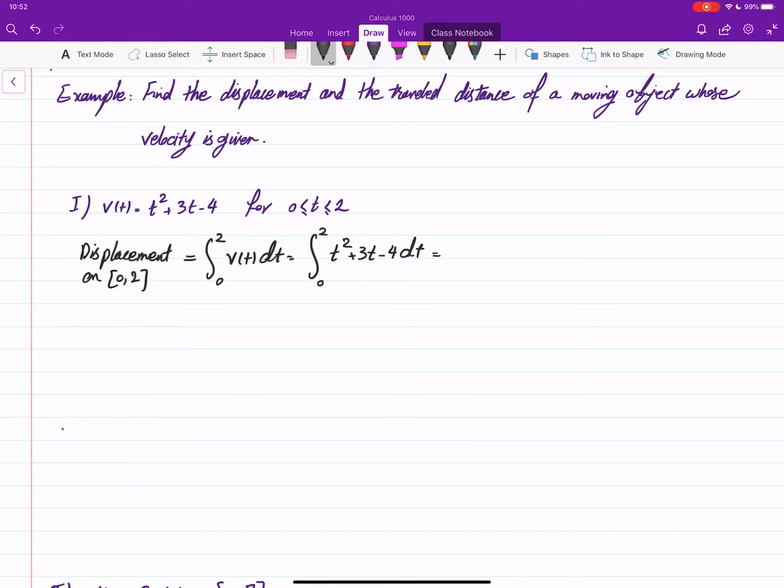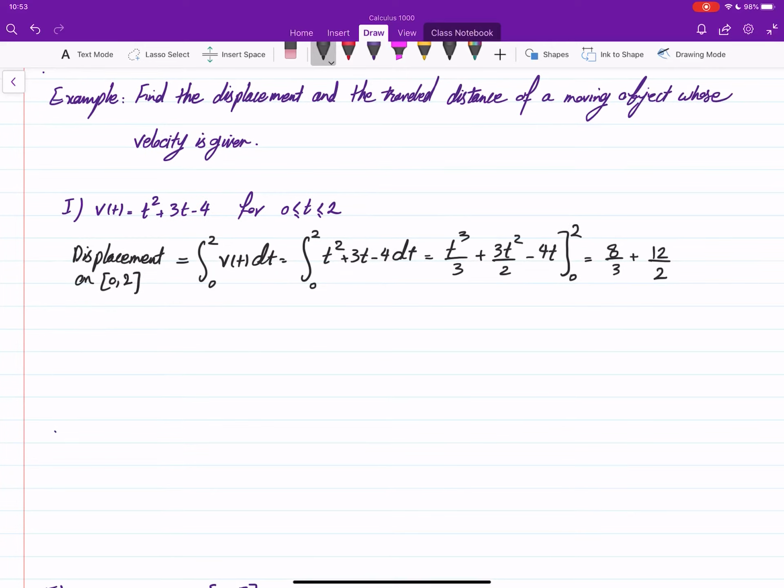And if you compute, this is an antiderivative, t cubed over 3 plus 3t squared over 2 minus 4t, going from 0 to 2. And what it will give us is 8 over 3, I'm plugging in the upper value, plus 4 times 3, 12 over 2, and then minus 8.